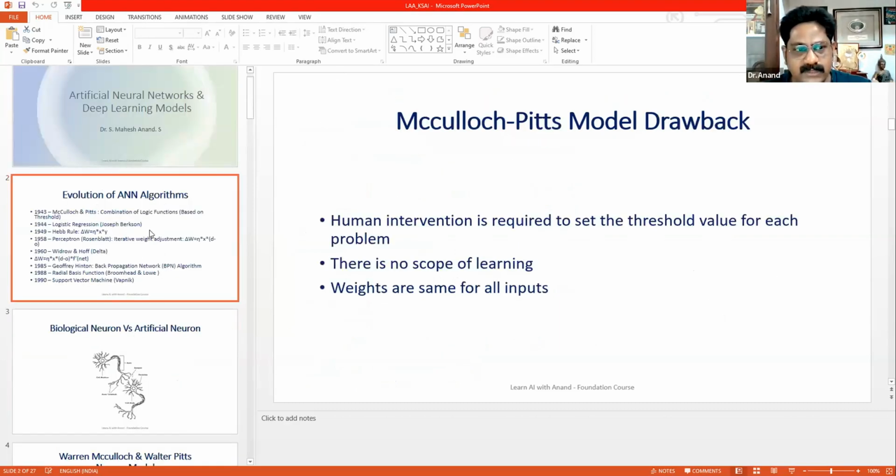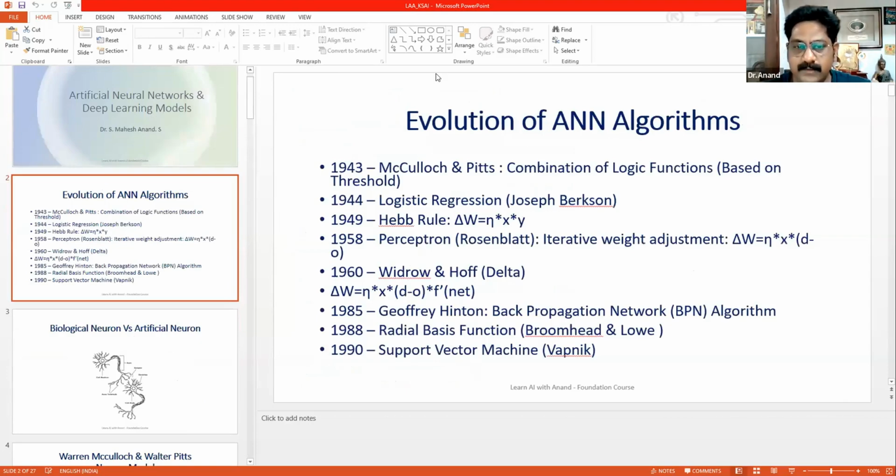If you look at the evolution, in the first slide I have marked the evolution. Also, in the previous session, I talked about the winter period, right? Always there is a boom, and immediately that boom ceases. Afterwards there is no talk; that is called a winter period, four or five years, sometimes a decade of silence, with not much development.